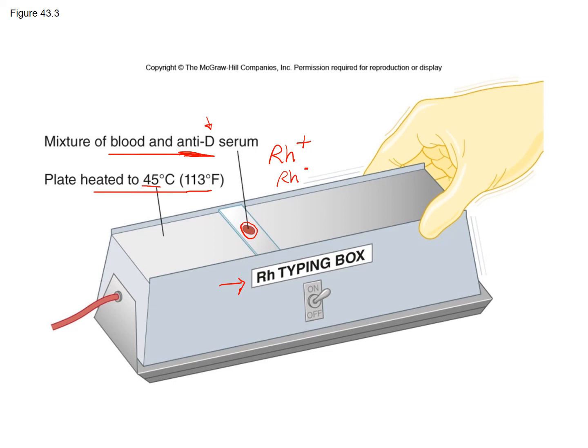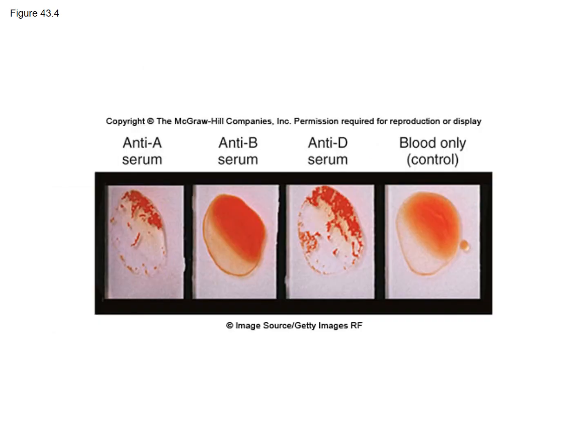So sometimes you find the person has Rh negative or positive. It depends on the reaction of the clumping. This actually shows the reaction.